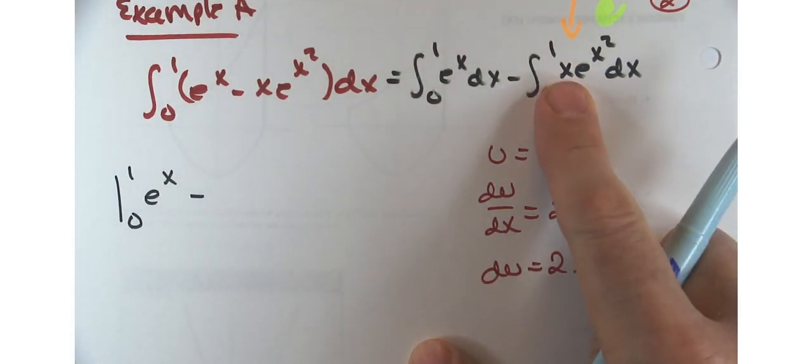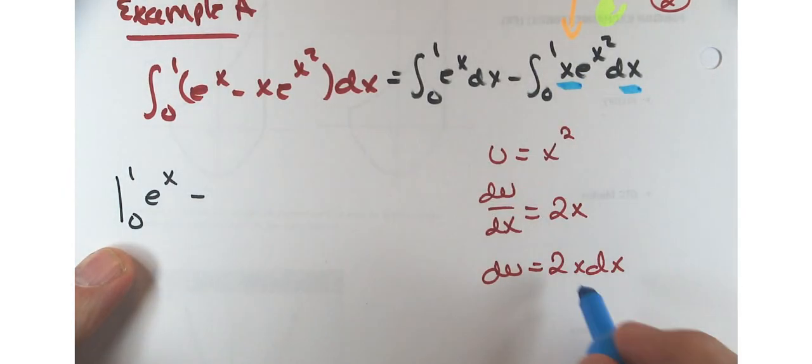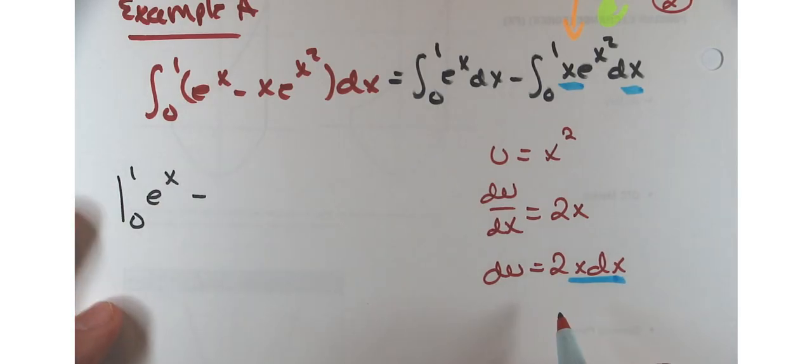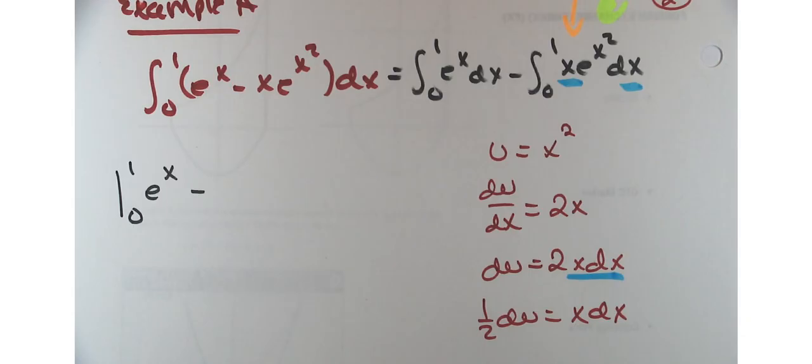I've got an x and a dx, but I don't have that 2. So let's just underline what I've got. What can I do with that 2 that's out in front there? Make it half. Yeah. I'll multiply both sides by the reciprocal. And as Yura suggested, we're going to make that a half on the left-hand side.